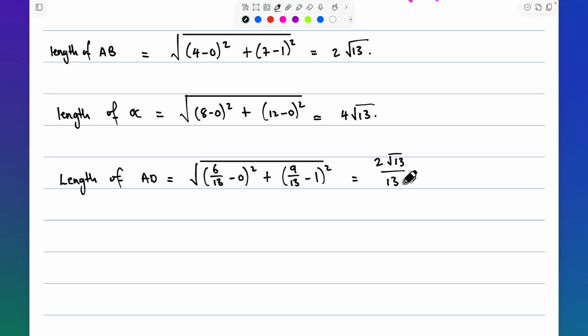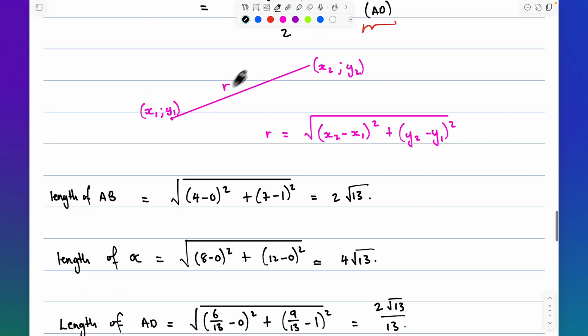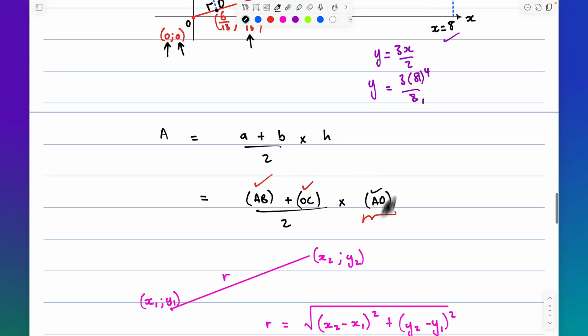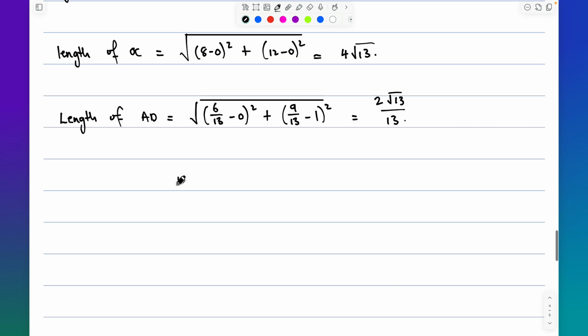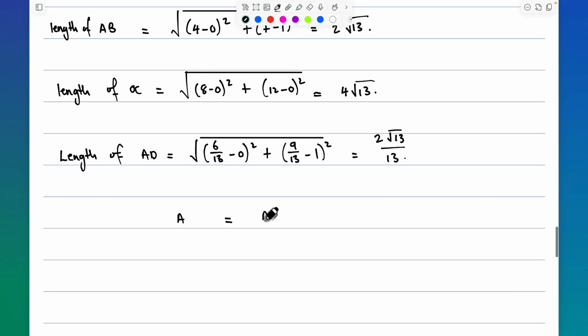over 13. Perfect. So now we have everything we need in this formula, right? So we can now apply area is equal to the length of AB, which is your first parallel line, plus the length of OC, which is your second parallel line. You divide the sum by 2. Once you get that answer, you're going to multiply by the length of AD.